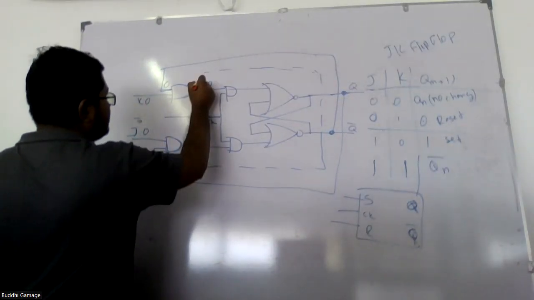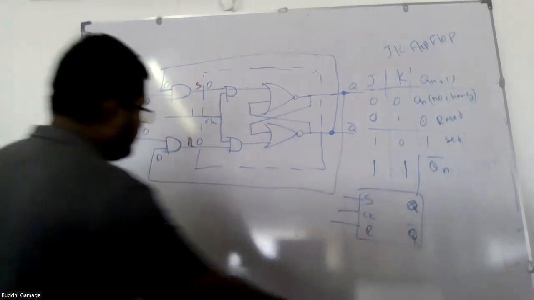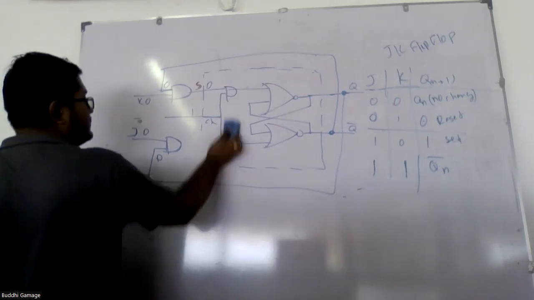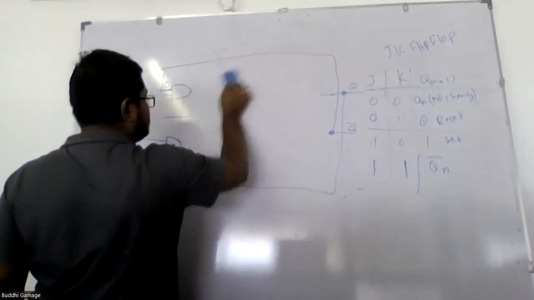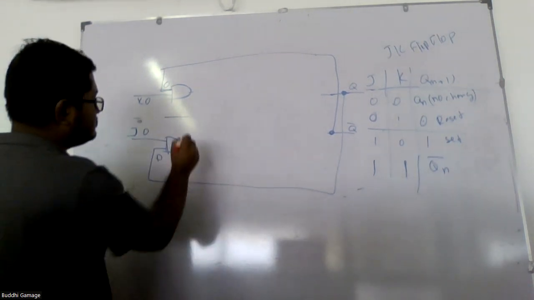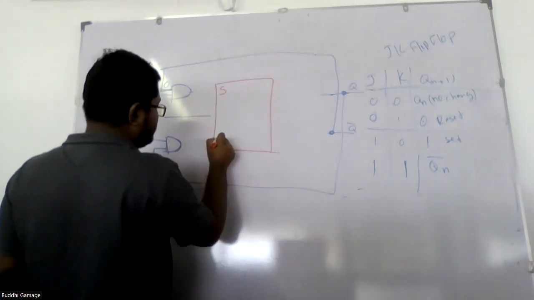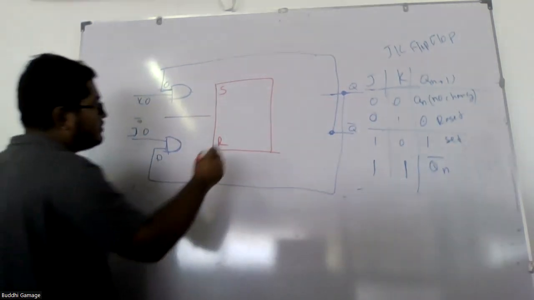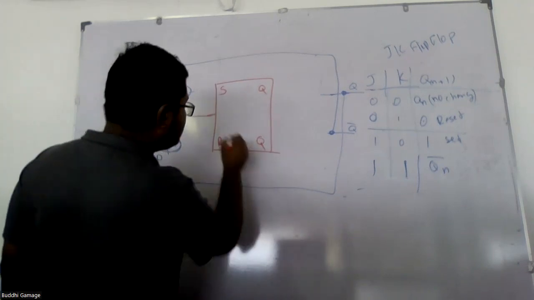So let's actually replace this with the block diagram. Then we see, so this is our clock.